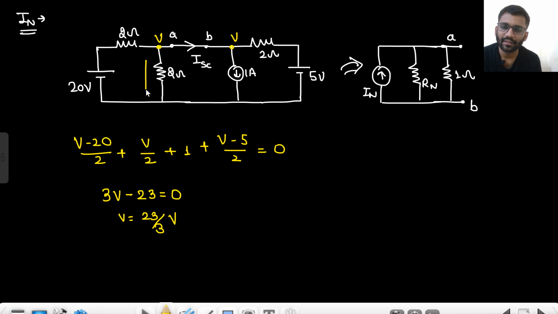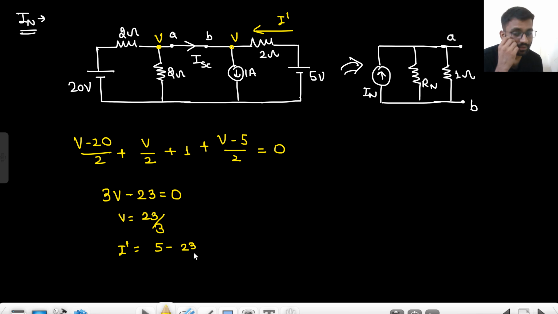That means I am having 23 by 3, or I can forget about this, I can write the current in this path. Let's just call this current I dash. So my I dash current would be (5 minus 23 by 3) by 2.